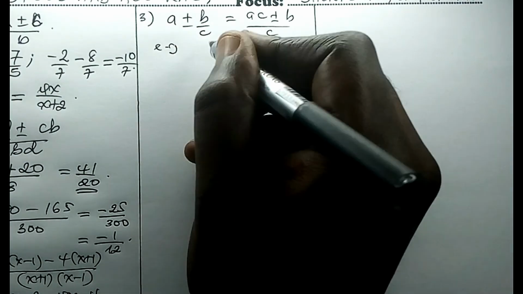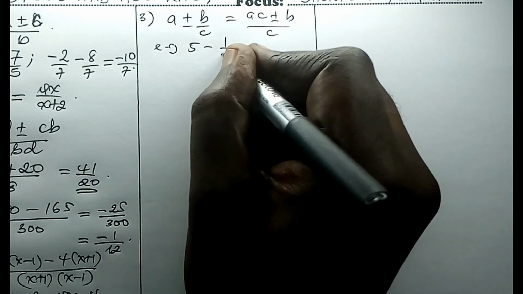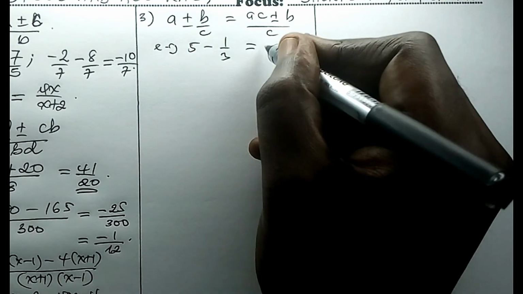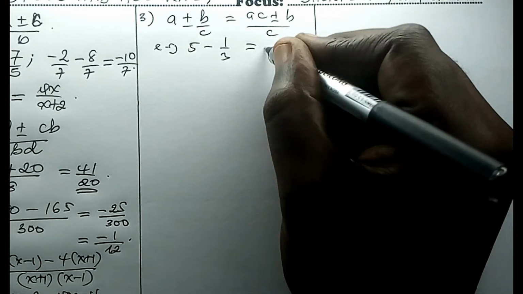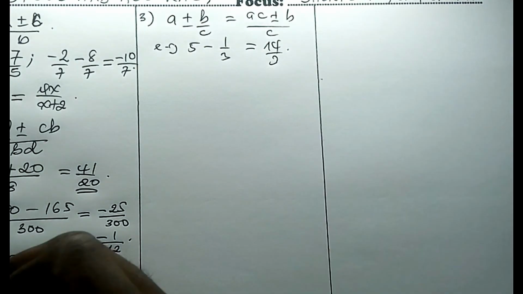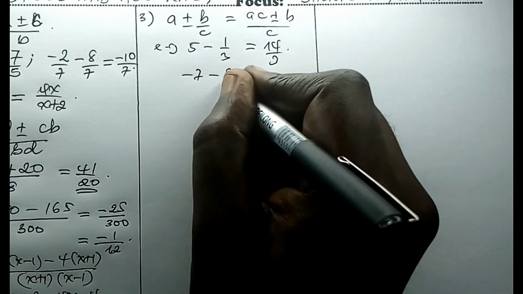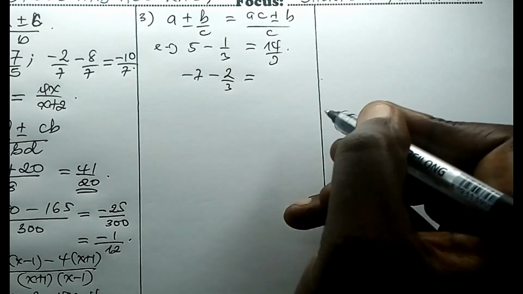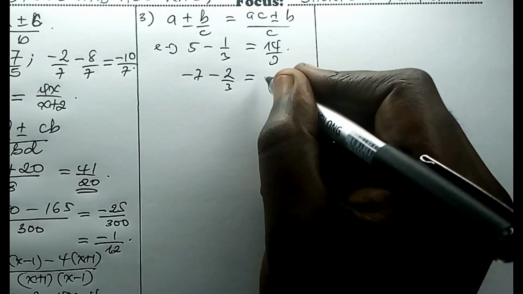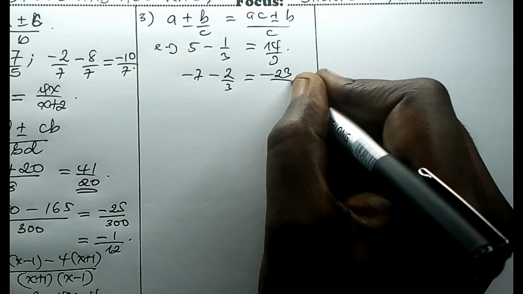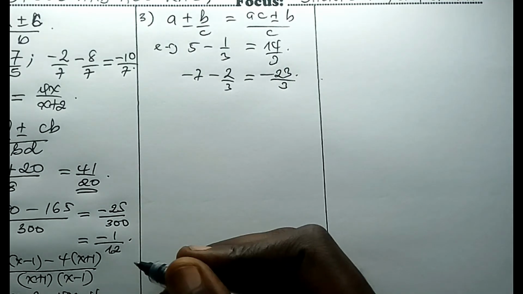An example would be 5 minus 1/3, which is simply 15 minus 1, and that gives 14 all over 3. Very fast. Negative 7 minus 2/3 gives negative 21 minus 2, that is negative 23 all over 3, and so on.